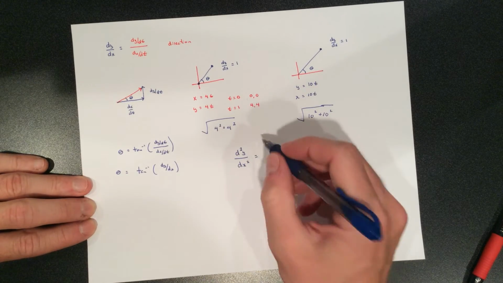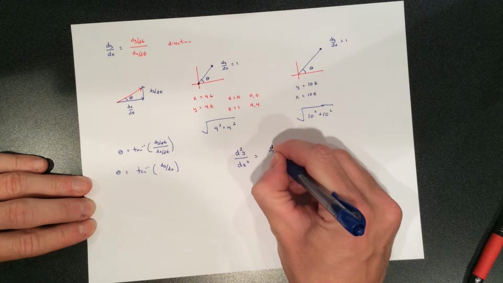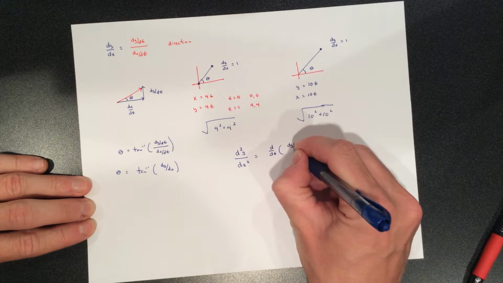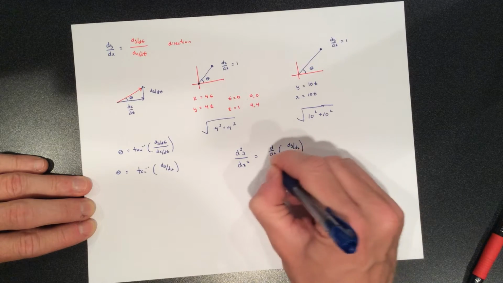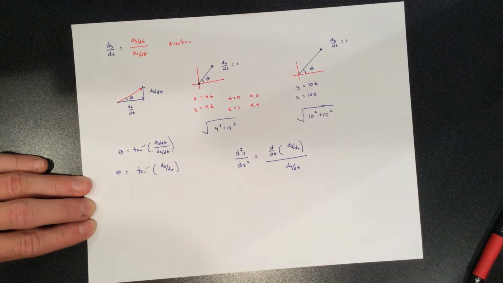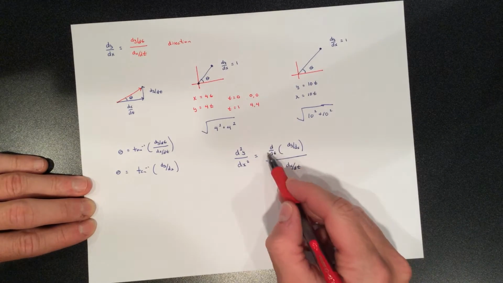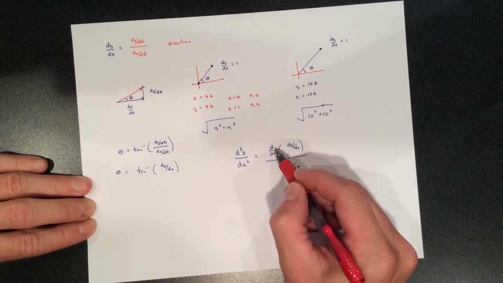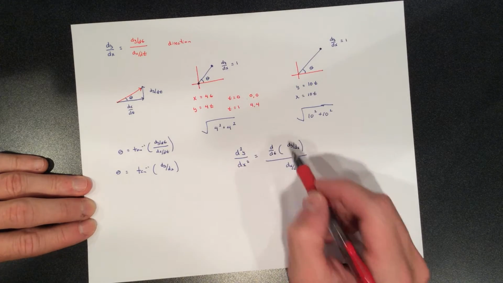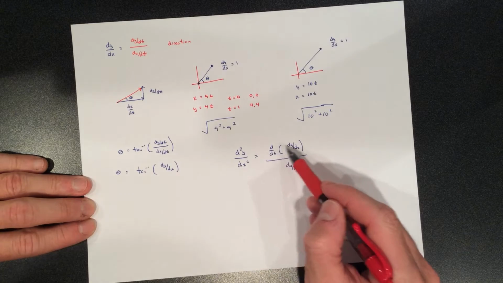So how do you find this? Well, it turns out you just take the time derivative of dy/dx and divide by dx/dt. Now remember, this is not something times something. This is take the derivative with respect to time of this quantity. This is like a function, like taking sine of something.